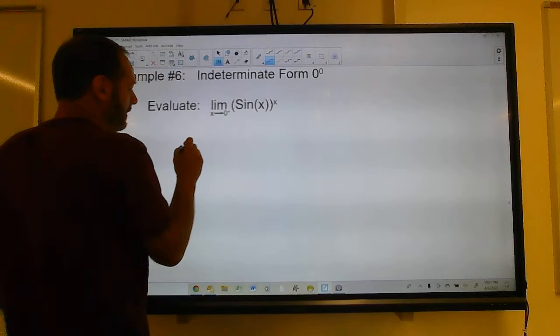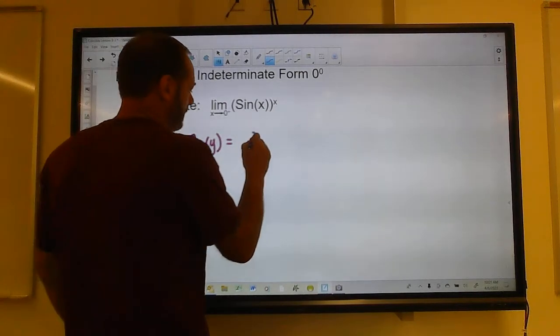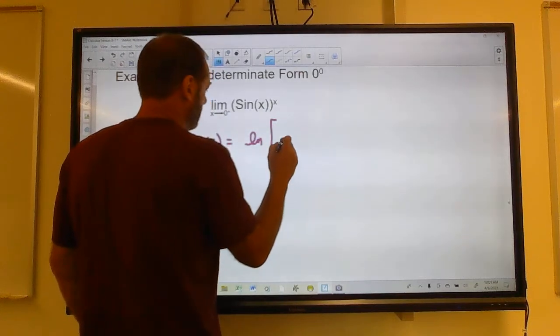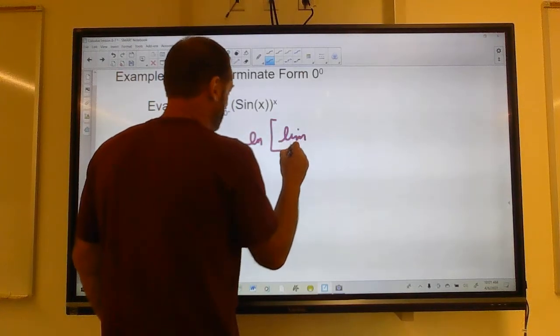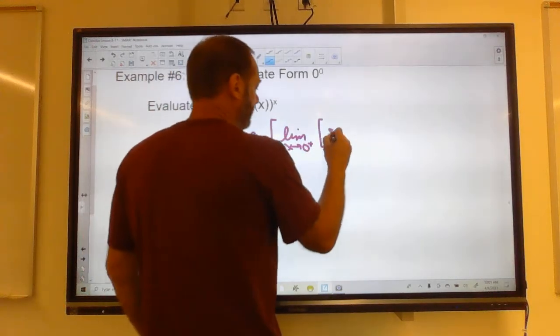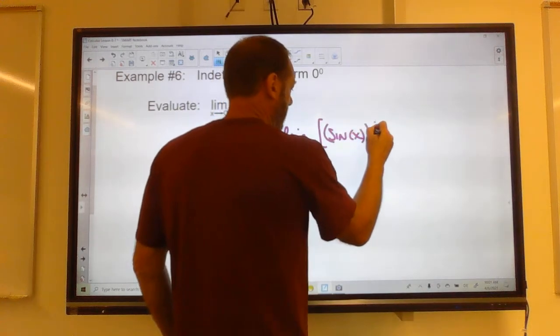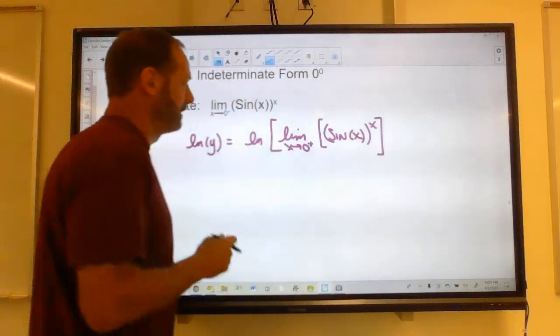So the natural log of y is going to equal the natural log of the limit as x goes to 0 from the positive side of sine x to the x power, like that.